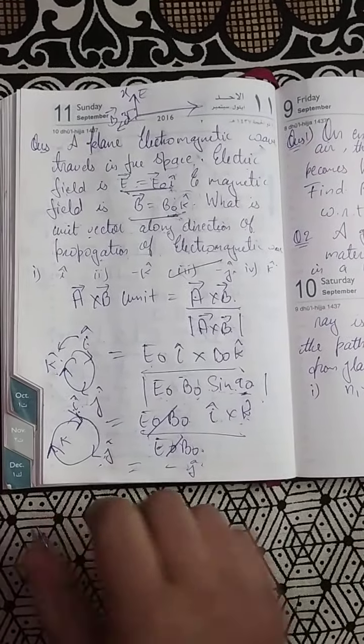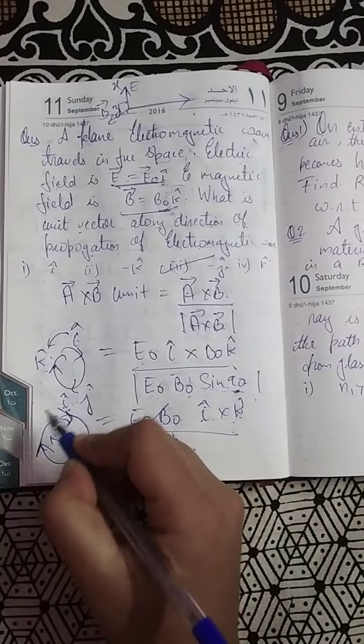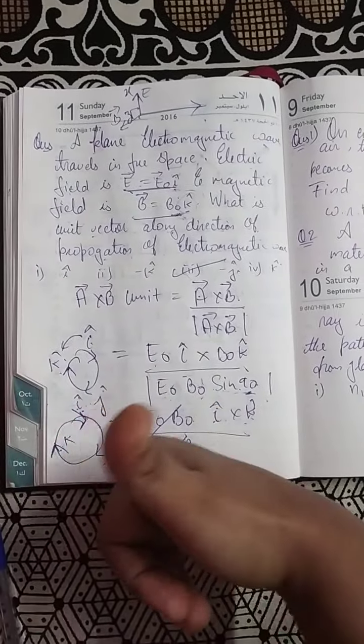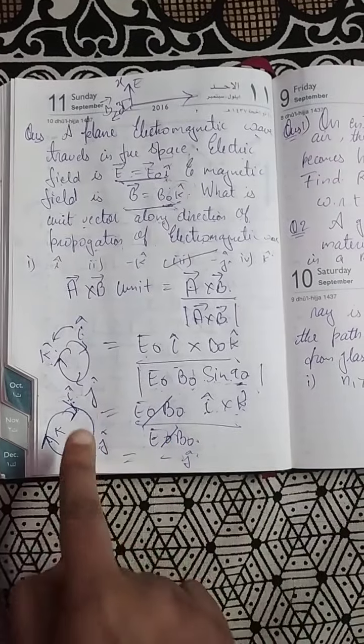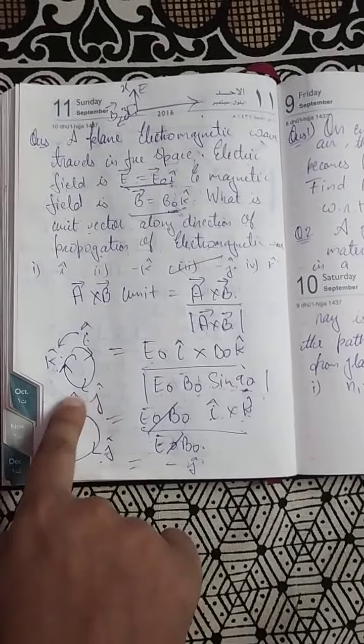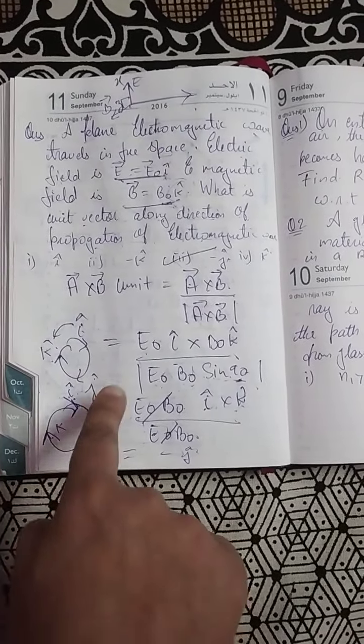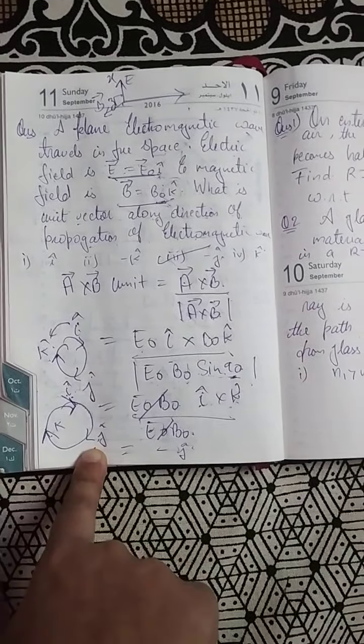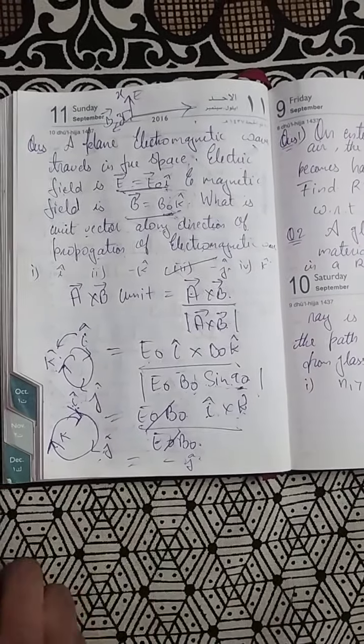But I cross K means the opposite direction, anti-clockwise. So I cross K will be J, but since it is anti-clockwise, it is negative J.